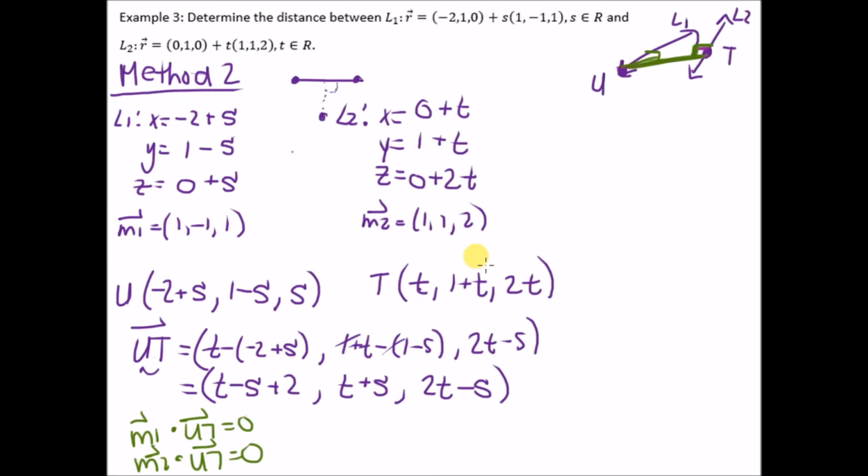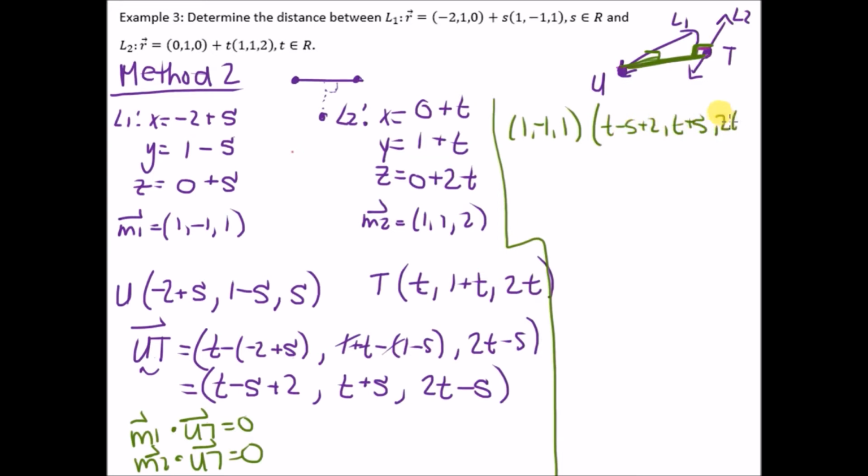So I'm going to try to fit this over here, just the next part, and then we'll start a new screen. Okay, so I'm going to dot 1, -1, 1, which is m1, with t minus s plus 2, comma, t plus s, comma, 2t minus s. So it's 1 times this, so we simply get t minus s plus 2, minus 1 times this, so we get -t minus s.